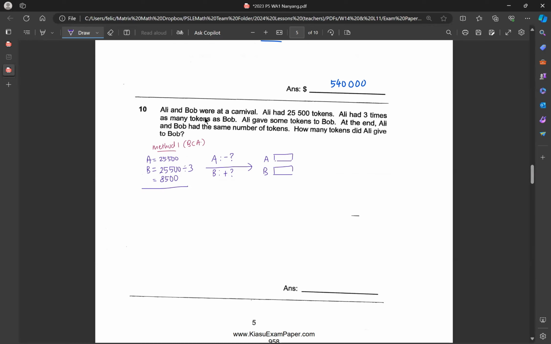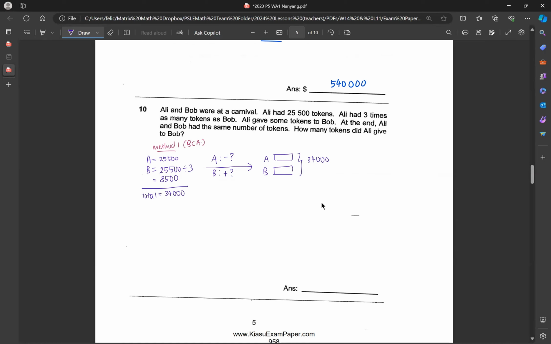If you add these two numbers, that would give us 34,000. Now that means the total at the end will still be 34,000. So the total at the start is 34,000. At the end also no change, 34,000, because they're just giving to each other.